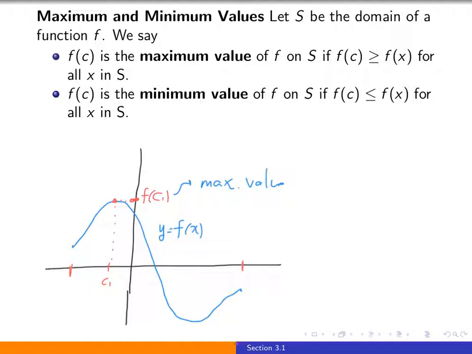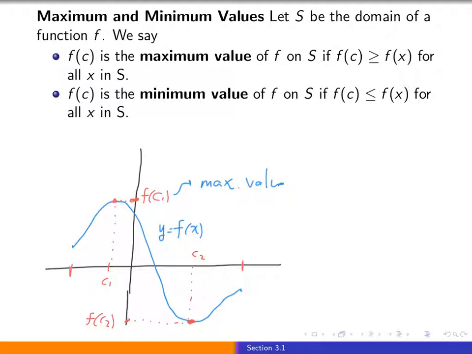Likewise, we say that f of c is the minimum value of f on the domain if the function value at c is less than or equal to every other function value in that domain. And looking at our graph, we see this second point corresponding to maybe an input we will call c2. If we trace over to the y-axis, we have f of c2.